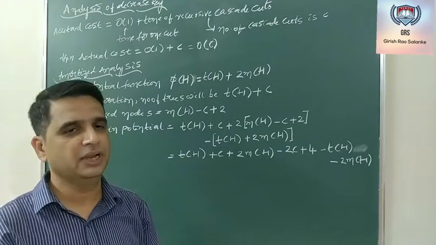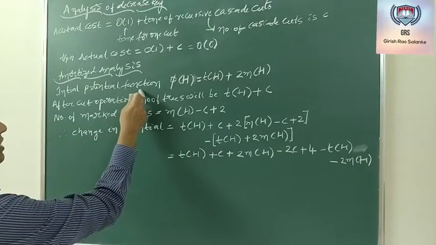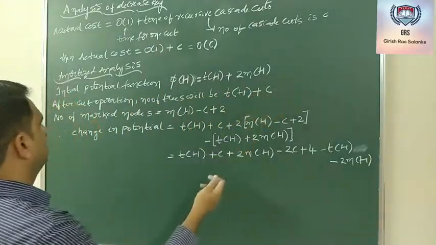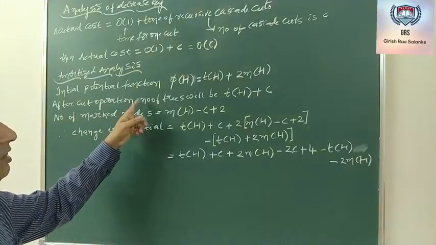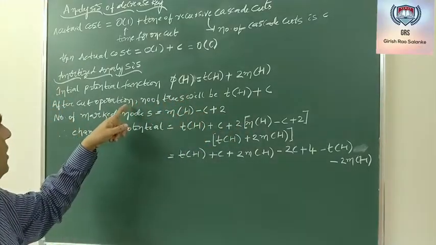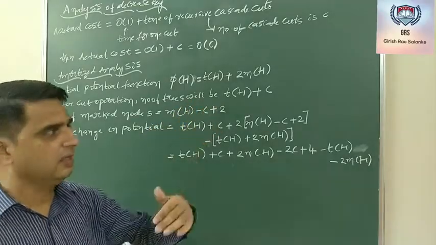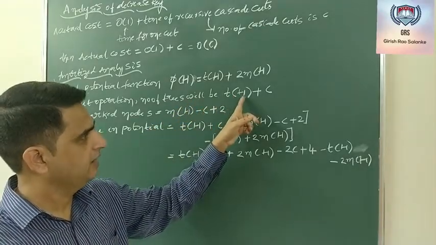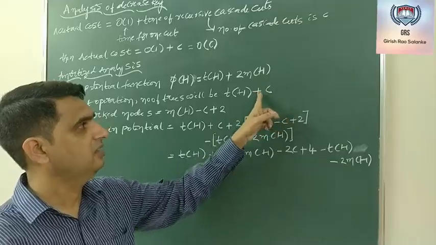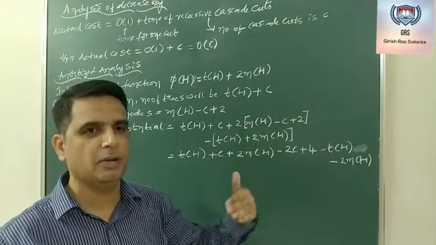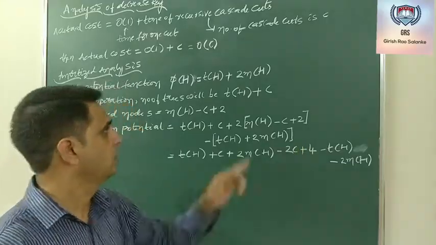So before performing the decrease key operation, my potential function is denoted with t of h plus 2 of m of h. Now after the cut operation is performed, the number of trees in the root list will be t of h plus c, where c is the number of cascade cuts. Depending upon the number of cascade cuts, those many trees will be melded to the root list.